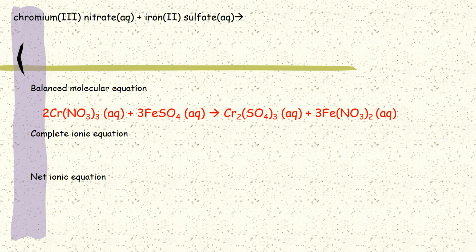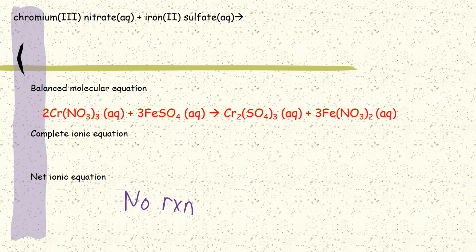So because I see all aqueous, I already know my net ionic, right? I know it's no reaction, but complete ionic we can still do because I want you to be in the practice of that. So for chromium, I'm going to have to show that as 2 ions of chromium 3.